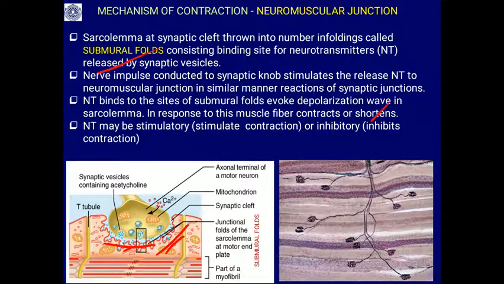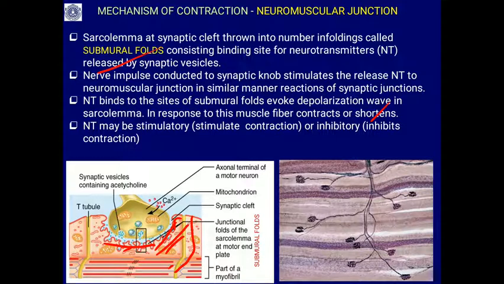That depolarization does not remain in that region; it is conducted all along the sarcolemma. Then the sarcolemma goes deep in the form of the T tubule, and the T tubule is in contact with the sarcoplasmic reticulum.